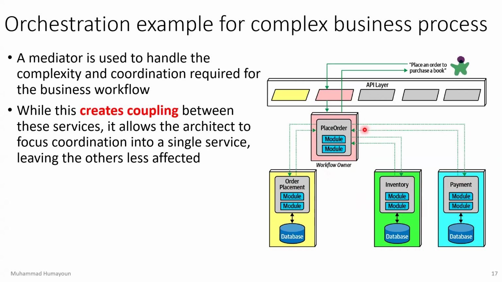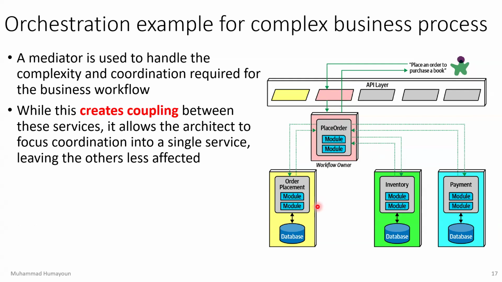And through this workflow program here, this communication happens. So a mediator is used to handle the complexity and coordination required for the business workflow. So everything, the coordination happens in this mediator that you have.